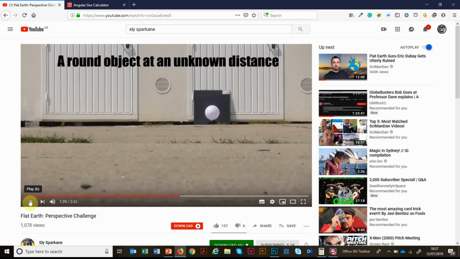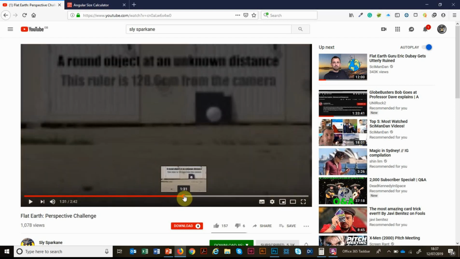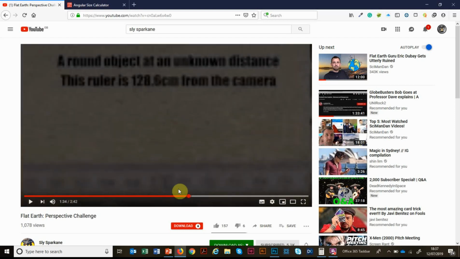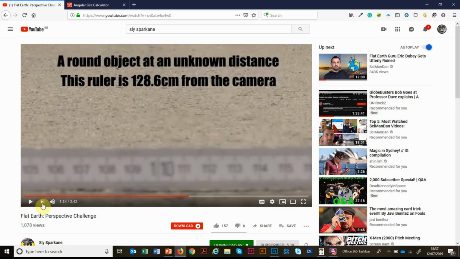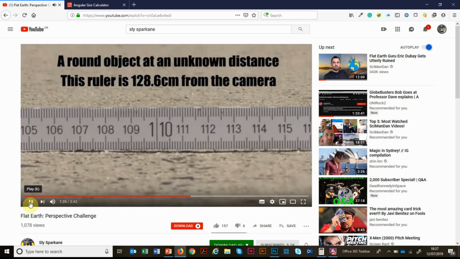So the challenge is that there's a ball at an unknown distance away from the camera. The camera then pans down and shows a ruler, which is 128.6 centimeters from the camera.